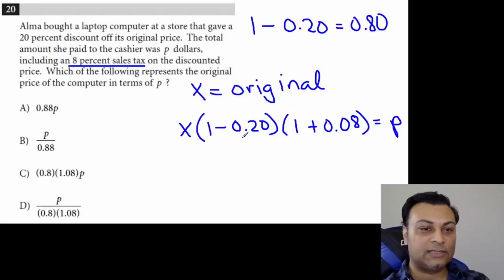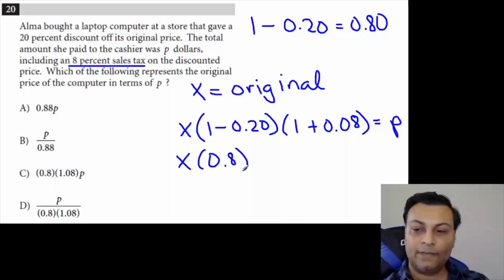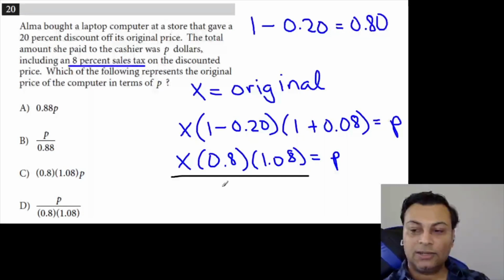All right, let's simplify a little bit. X times 0.8 times 1.08 equals P. Since we're solving for X, we shall divide by everything next to X, which means we're going to divide by 0.8 times 1.08 and do the same thing here. These cancel.